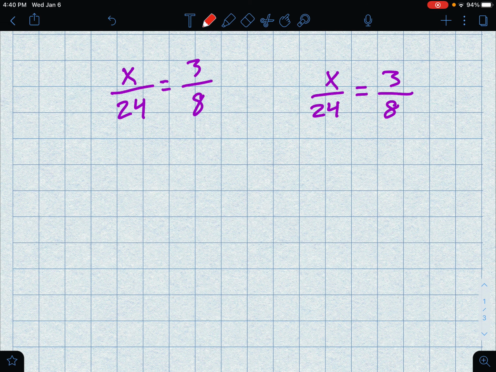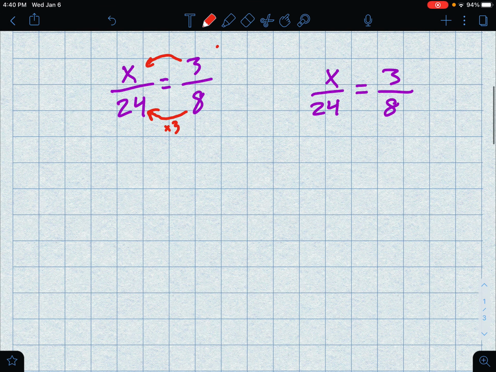In this case, we can think about scale factors because 8 goes cleanly into 24. I'll work on the left here. So I know that 8 times 3 is equal to 24. So if I multiply by 3 in the numerator as well, I'm really multiplying by 1. I'll show you that in a second. So 3 times 3, x equals 9 again.